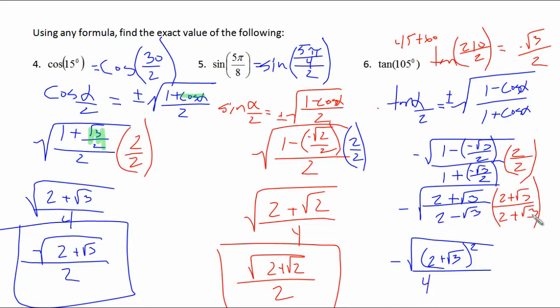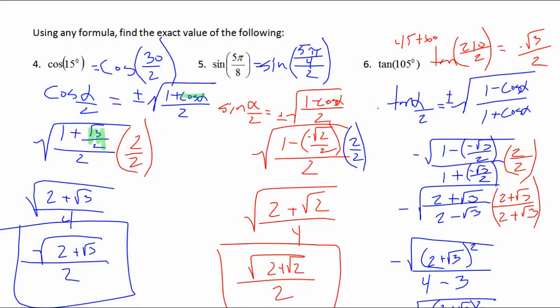I have 2 radical 3 and then 2 negative radical 3, those cancel. That's my difference of squares. And then negative square root 3 times positive square root 3 is a minus 3. And then I'm left with the square root of 2 plus radical 3 squared over 4 minus 3, which is 1.